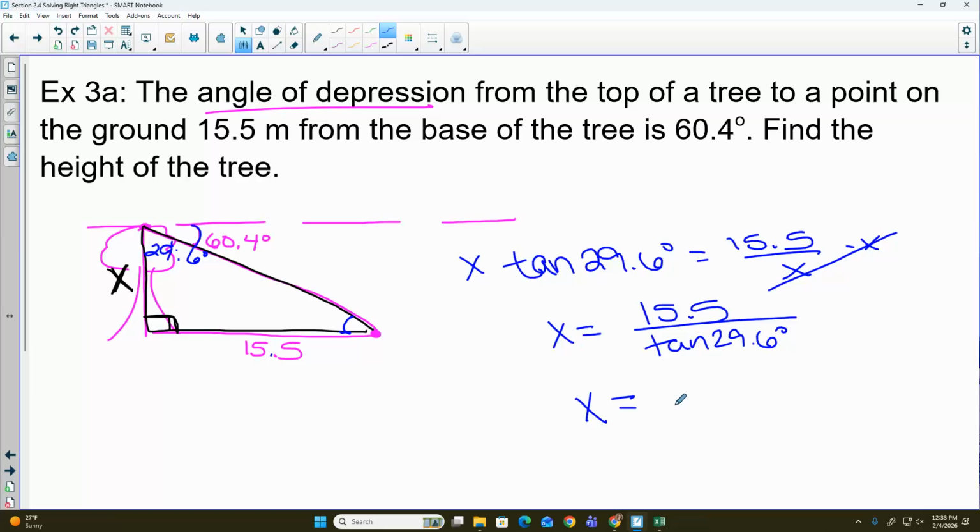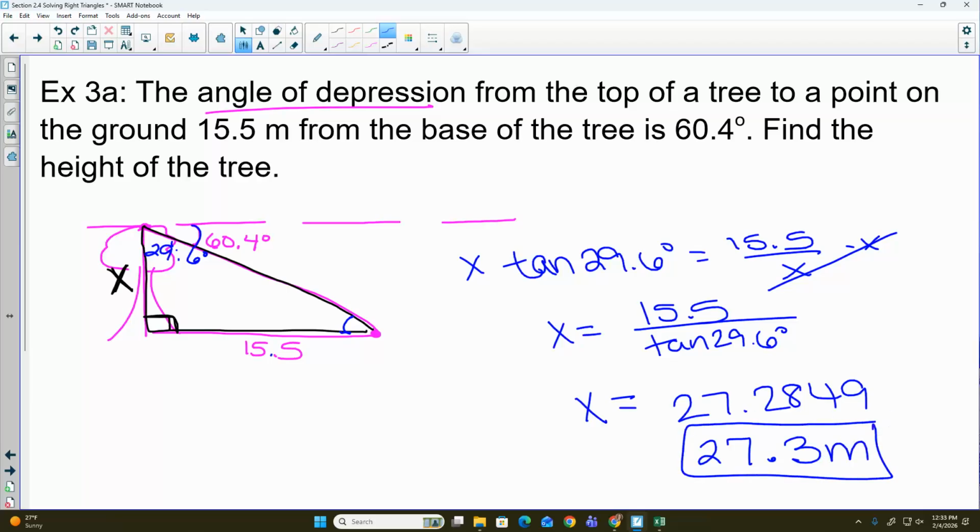So how many significant digits did we have in the problem? 3. So if I round my answer to 3 significant digits, I would get, and that was the height, so that one's measured in meters, 7.3 meters.